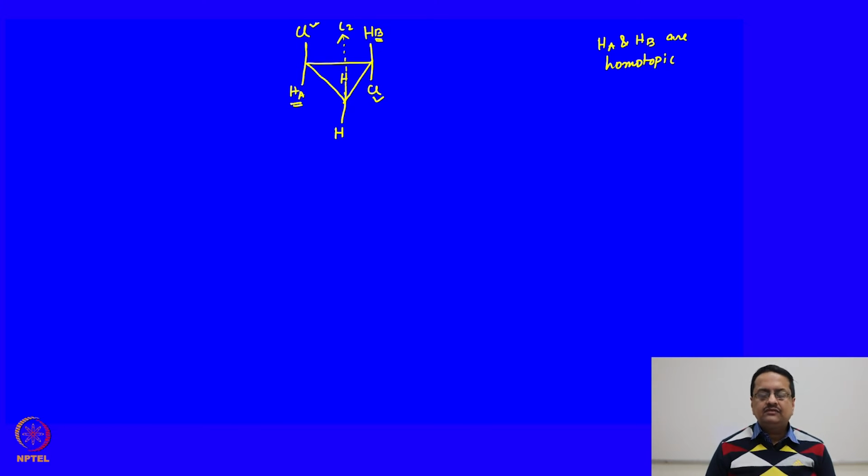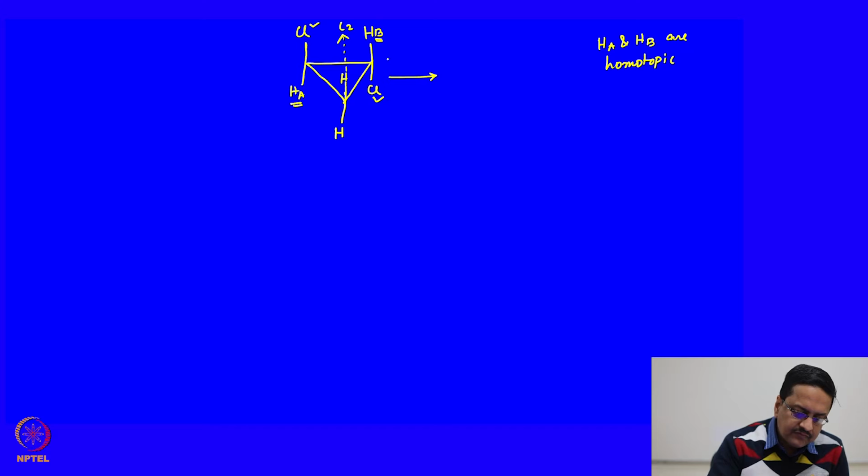Now, there is another way to test whether they are homotopic or not. We replace Ha by bromine, and we get this molecule.